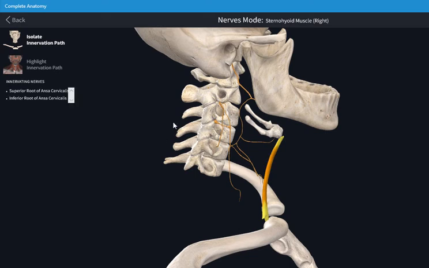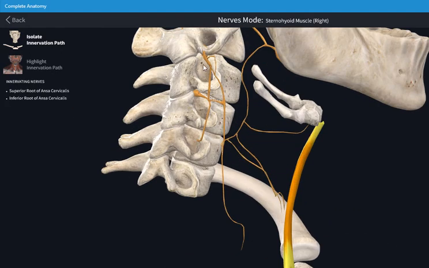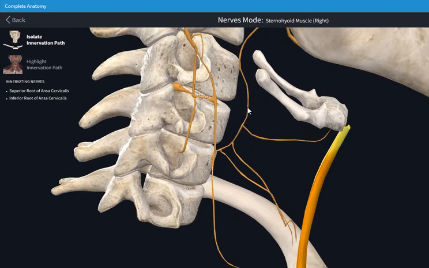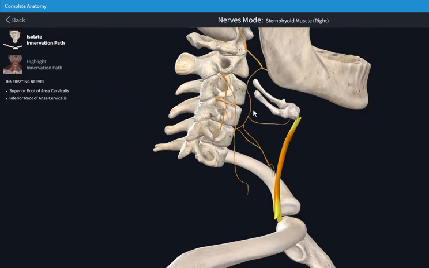So this muscle is supplied by the superior root of the ansa cervicalis and the inferior root of the ansa cervicalis. The ansa cervicalis has a superior root here, above, and here is the inferior root of the ansa cervicalis. The ansa cervicalis takes from C1 and goes all through to C4. So this is the characteristic of the ansa cervicalis.